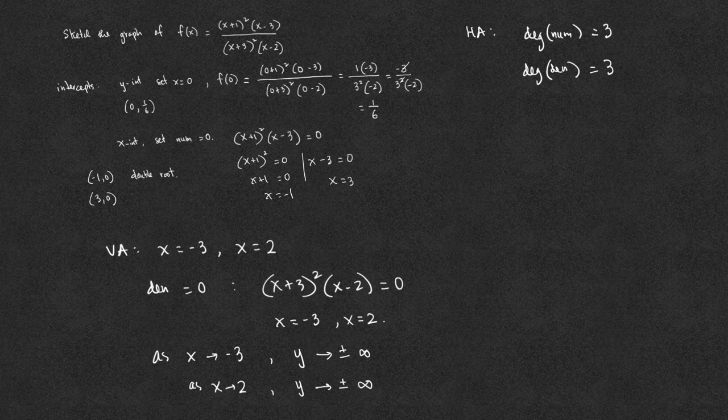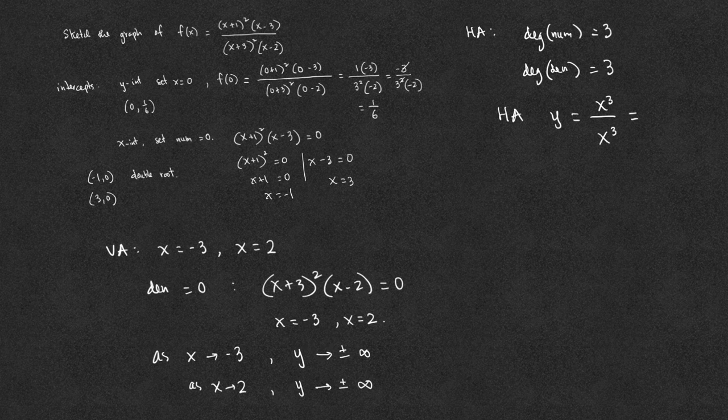If the degree of the numerator is the same as the degree of the denominator, then we will have a horizontal asymptote at y equals the ratio of the leading coefficients. If we were to expand (x plus 1) squared and multiply by x, the leading term will be x cubed. And in the denominator, if we were to expand (x plus 3) squared times (x minus 2), the leading term will also be x cubed.